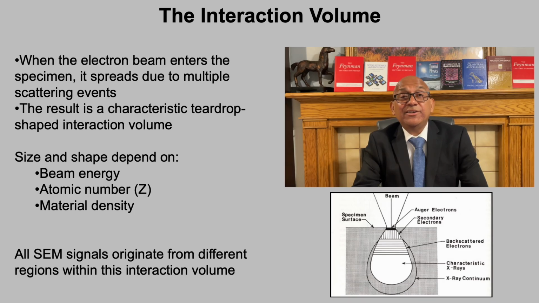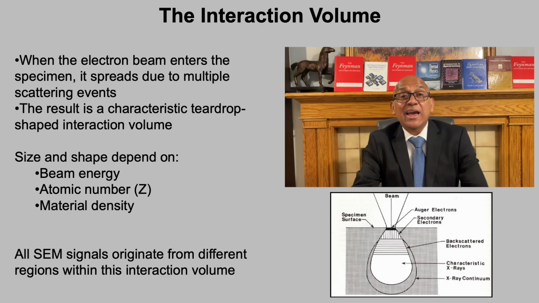As electrons enter the specimen, they do not travel in a straight line. Instead, repeated elastic and inelastic scattering events cause the beam to spread with depth. The region over which these interactions occur is known as the interaction volume, typically having a teardrop-like shape beneath the surface.